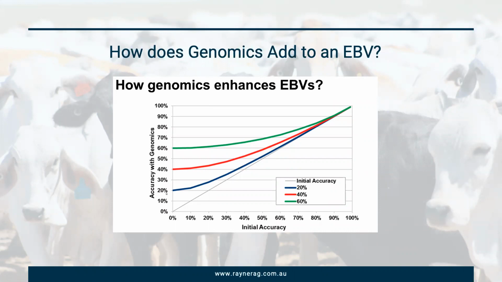And this has quite a lot of appeal, particularly for seed stock producers who are looking to generate EBVs for younger bulls who haven't had the chance to have progeny on the ground and have a limited background in the reference population of linked sires to help create a more accurate EBV. So genomics does enhance and improve accuracy across the traits that we're interested in.